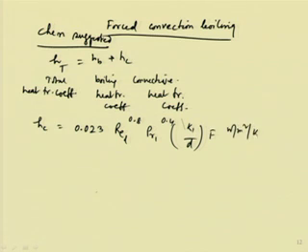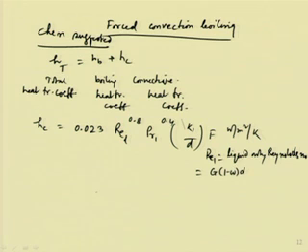Here we can say that Re_L is the liquid-only Reynolds number. It is defined as G, mass velocity, into (1 minus w) into D by mu_L.